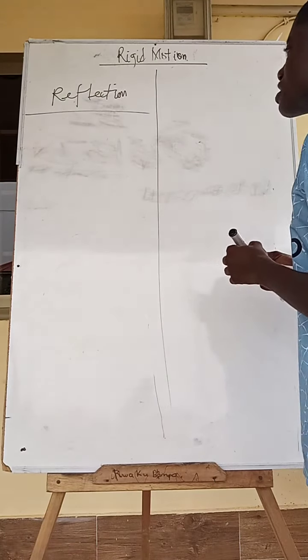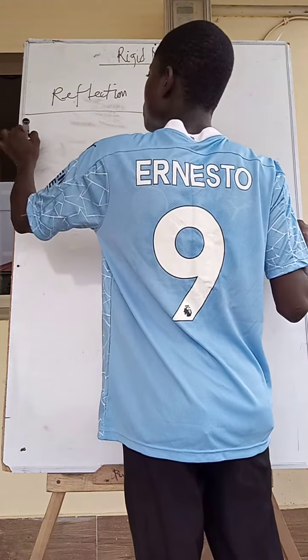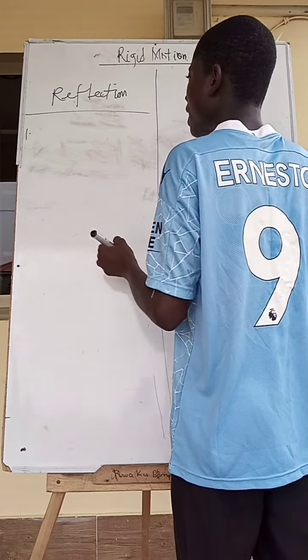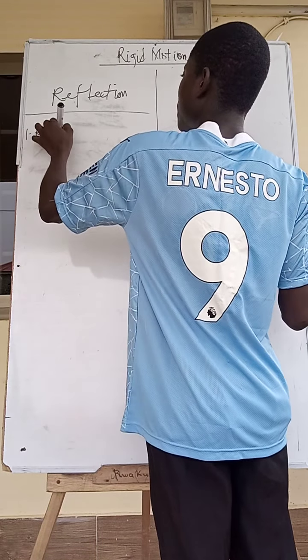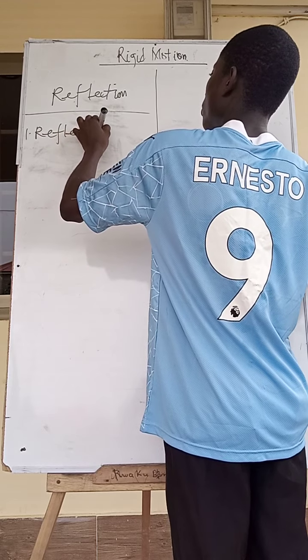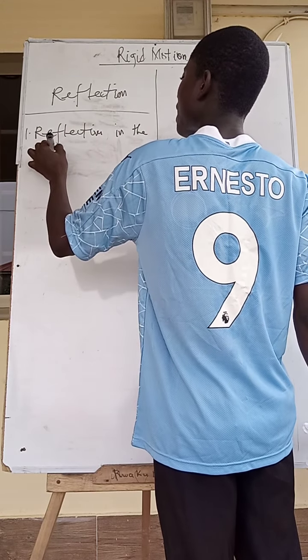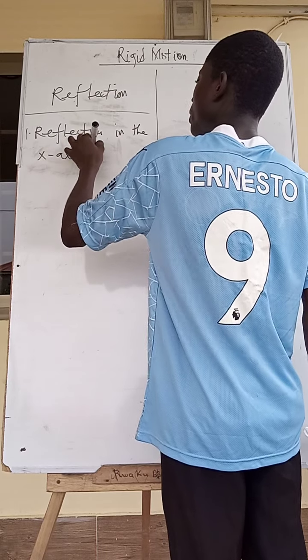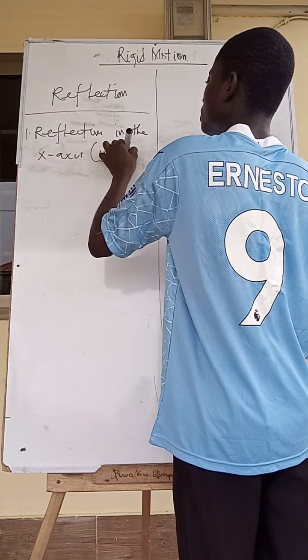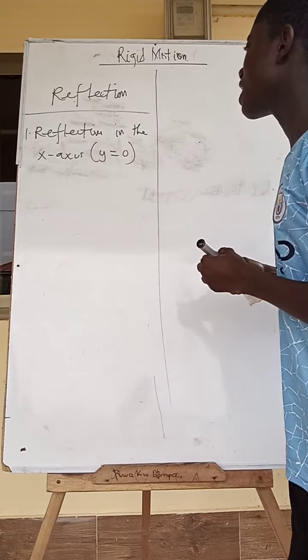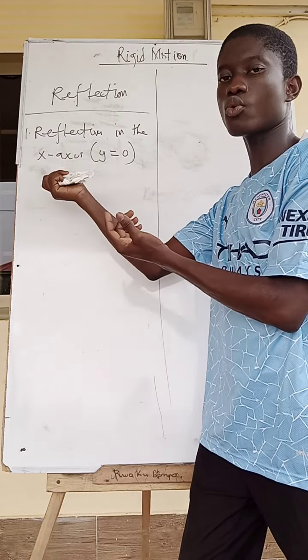I would like you to just take note. So let's take the first formula, call it reflection in the x-axis, or we can say reflection in the line y equal 0. So we have something that at y-intercept x equals 0.